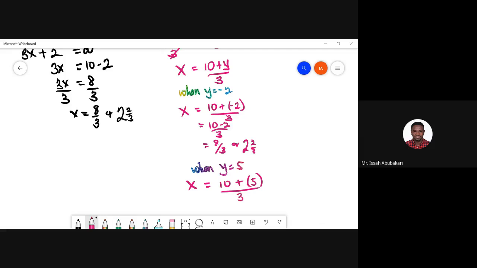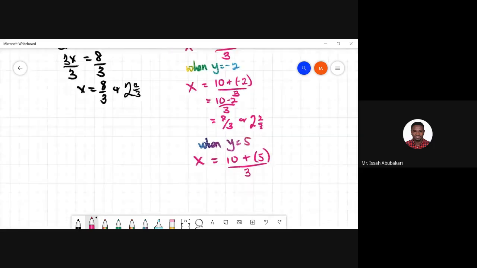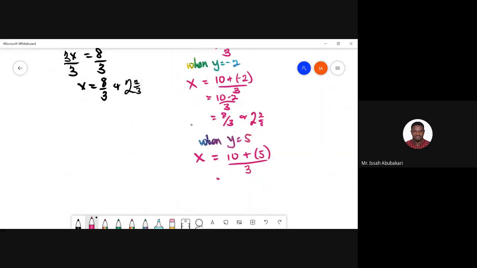I am writing 5 in brackets, whether it is positive or negative, to indicate that we are substituting, okay? We are replacing it. All right, now let's simplify it. 10 plus 5 is what? 15 divided by 3. And at the end, we get what? 5. So x is equal to 5.